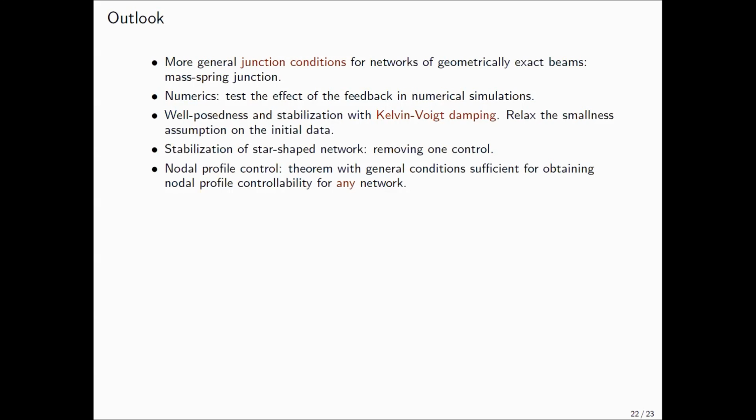But it would be nice to have a theorem which would say if these conditions are satisfied, then we can get nodal profile control for any network which satisfies this condition, instead of working case by case. So that's all.